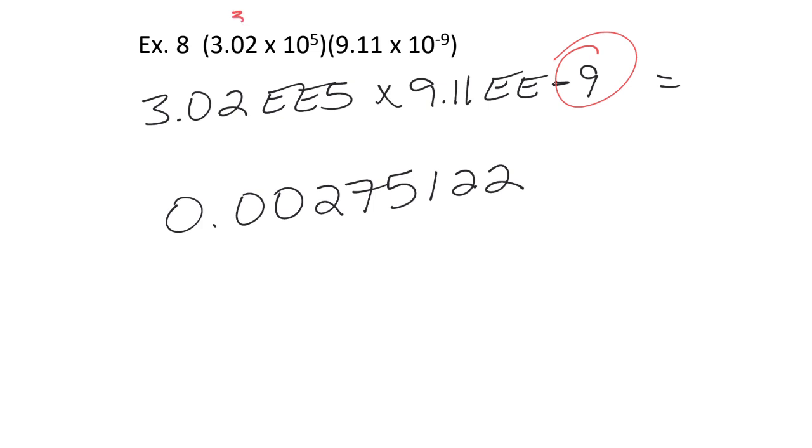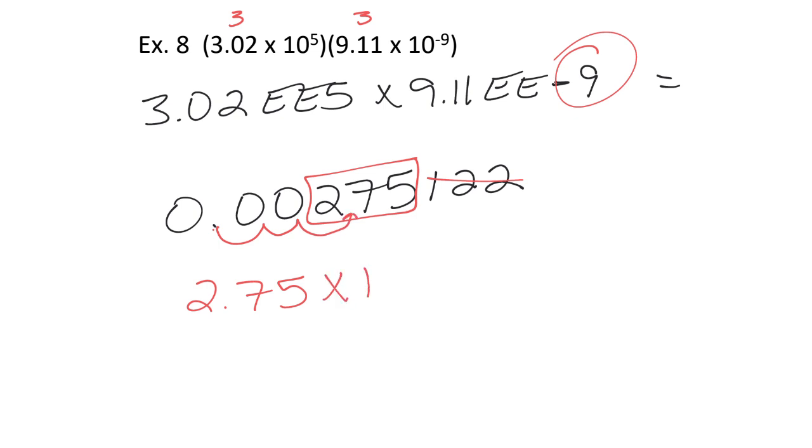So this has 3 sig figs, this has 3 sig figs. So my 3 sig figs are right here, and I don't have to round because I don't have to worry about those numbers. So it's going to be 2.75. Now, I'm going to take it, go 1, 2, 3. So it's times 10 to the -3.